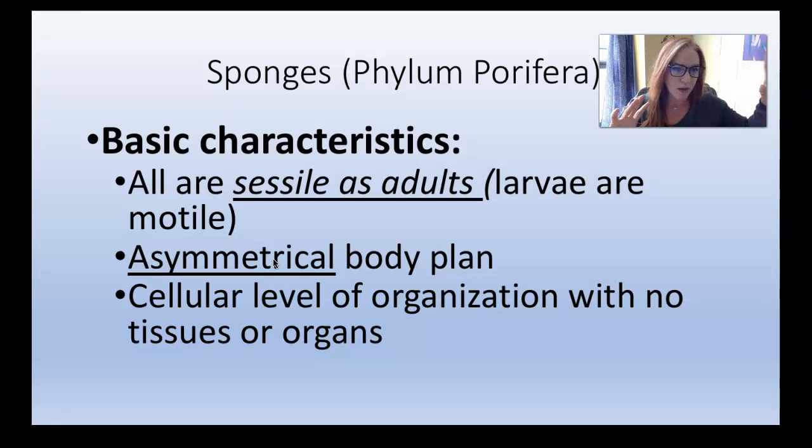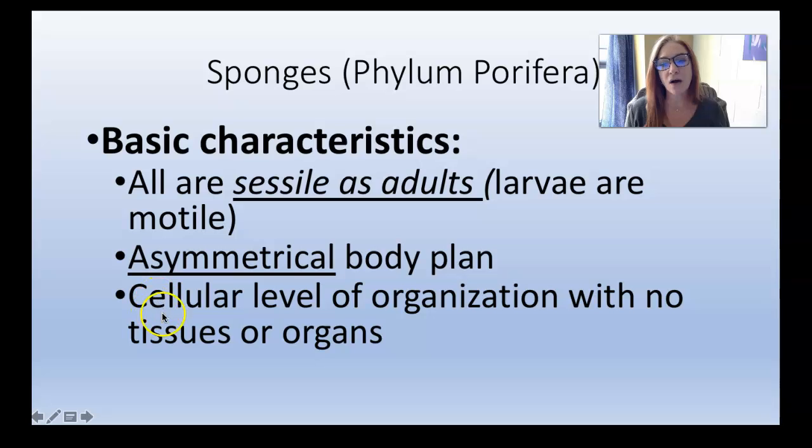One side of them might be big and bulbous and the other kind of squishy flat, and another member of the same exact species might have the opposite. They might be squishy all over, tiny. Okay, so it just depends on where they are living and the available nutrients, water parameters, that kind of thing. Okay, so asymmetrical, no body plan.